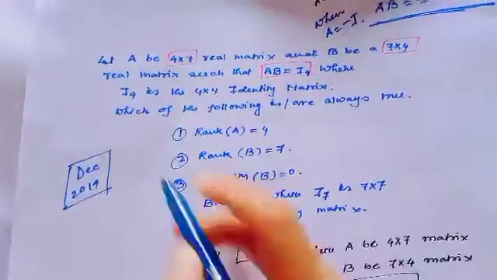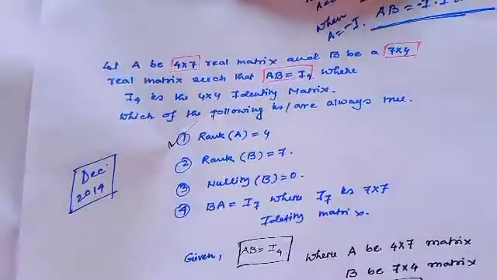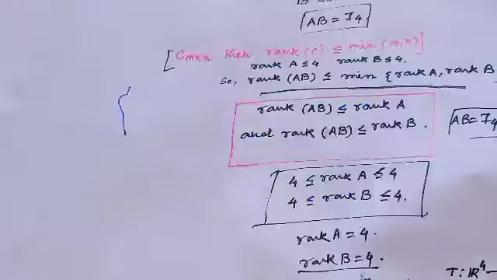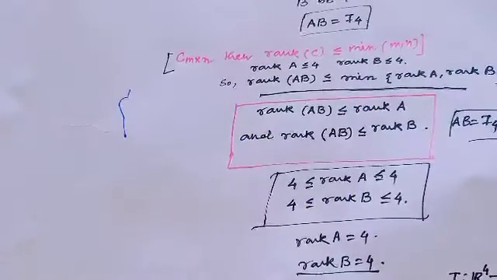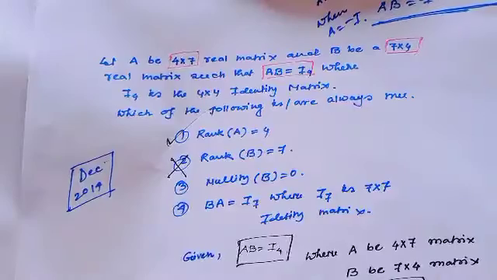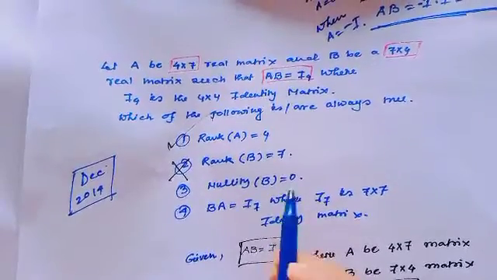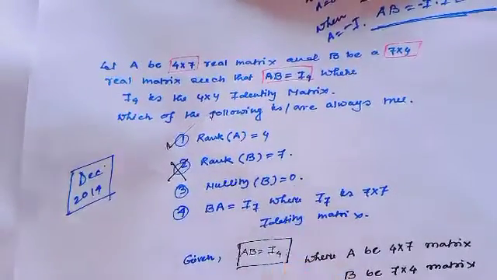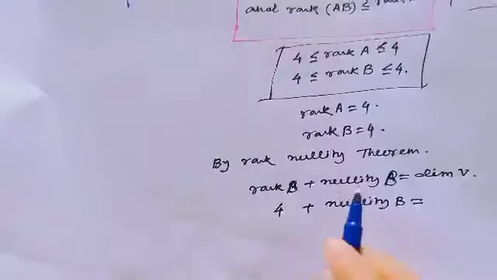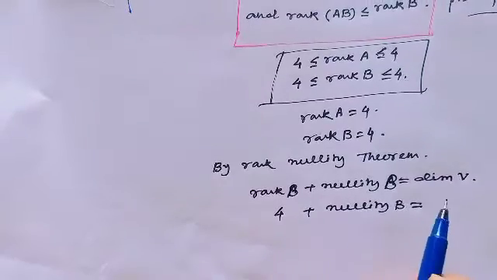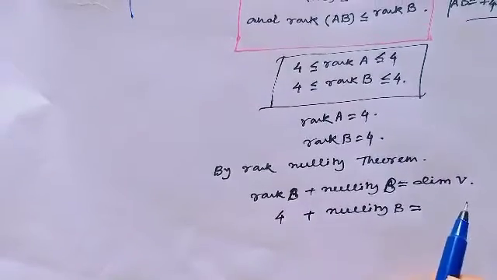So option 1 is a right option, but option 2 is a wrong option because I have got rank of B equals 4. Now the question about nullity of B. Here I will apply the rank-nullity theorem. By the rank-nullity theorem, rank of B plus nullity of B equals the dimension of the domain.